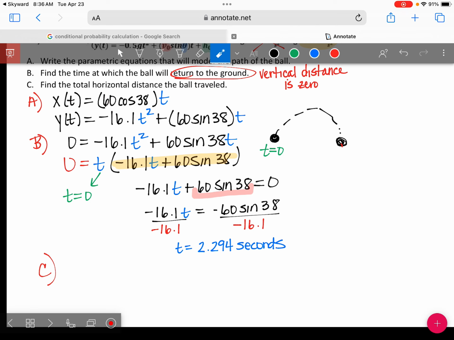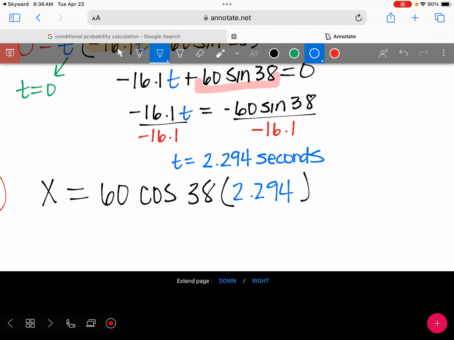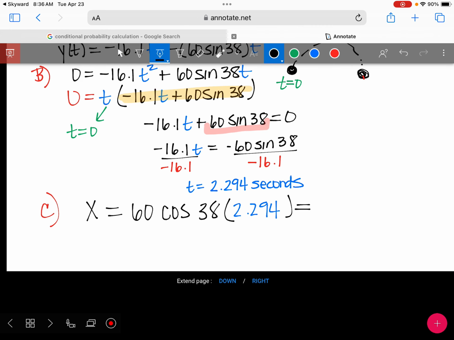So in our calculator, X is going to be 60 cosine 38, and you're going to multiply that by 2.294. Again, to the thousandths place. Go ahead, type that in. And that would be your horizontal distance to the thousandths place.